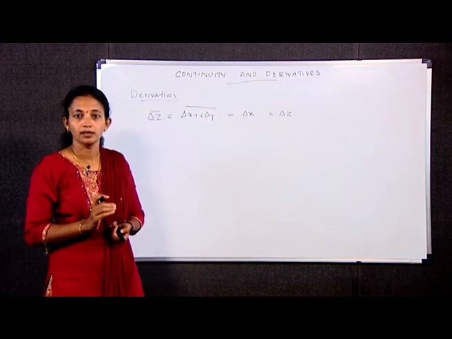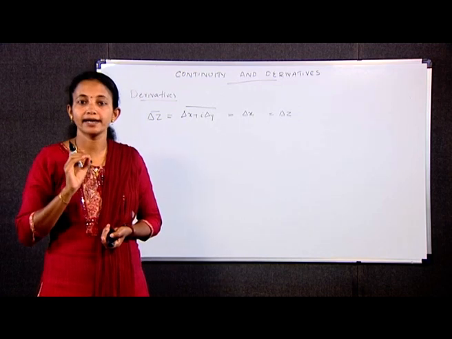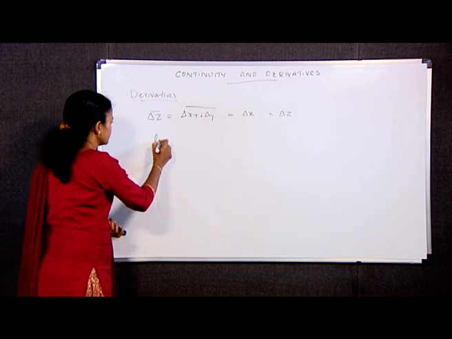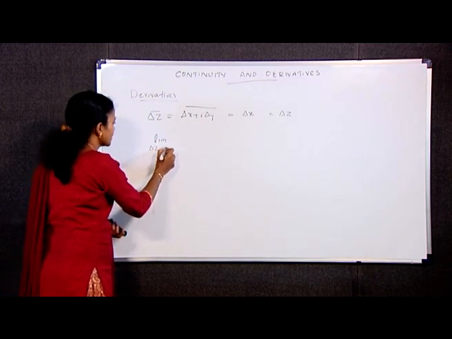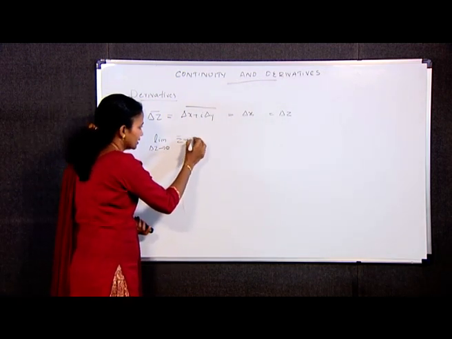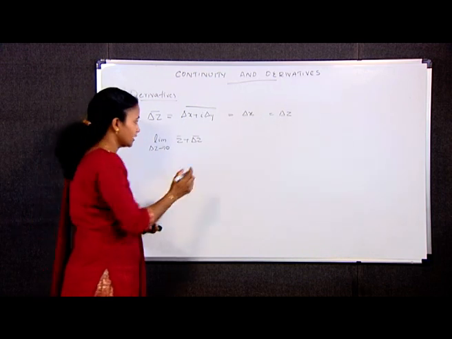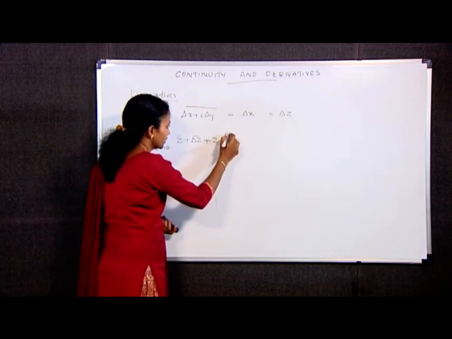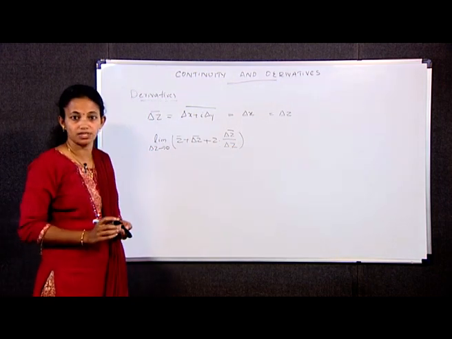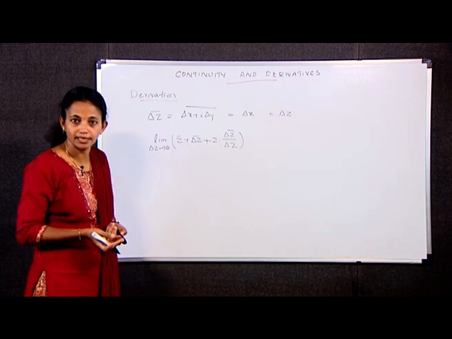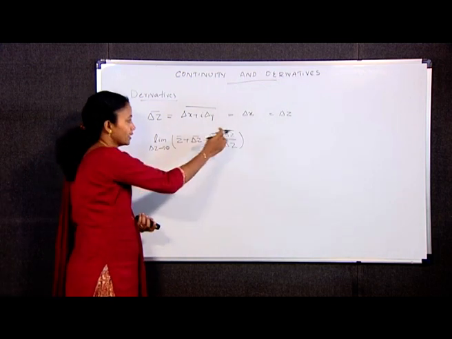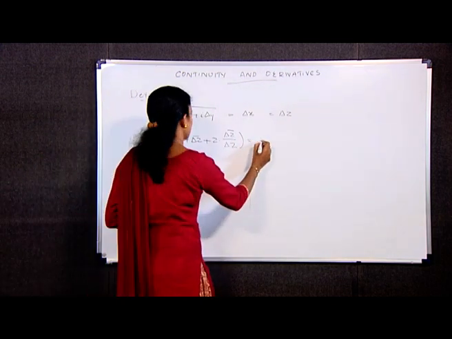Here, using 1, if the limit of delta w by delta z exists, its value must be limit delta z tending to 0 of z bar plus delta z bar plus z into delta z bar by delta z, which is equal to limit delta z tending to 0 of z bar plus delta z bar plus z into delta z by delta z.